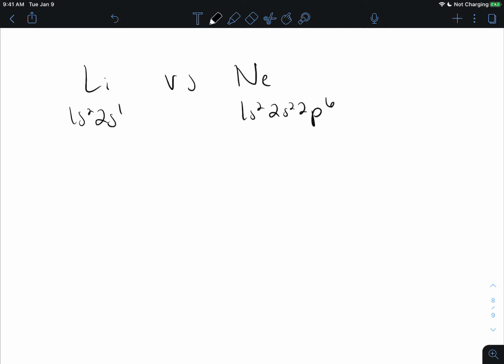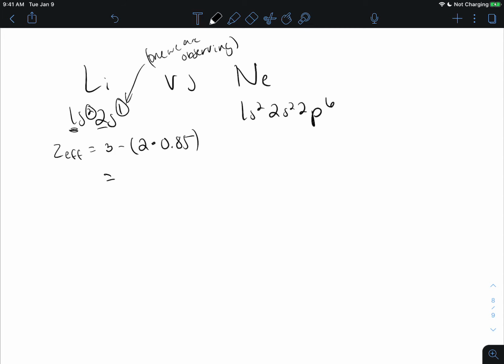We're solving for our effective nuclear charge here. Our number of protons in lithium is 3. And then our shielding constant, this one electron right here, does not get included because it's the one we are observing. So we're only going to count these 2 electrons here. So it's going to be 2 times 0.85, as our greatest n value is 2. This is n minus 1.